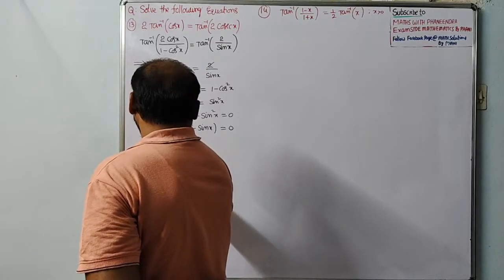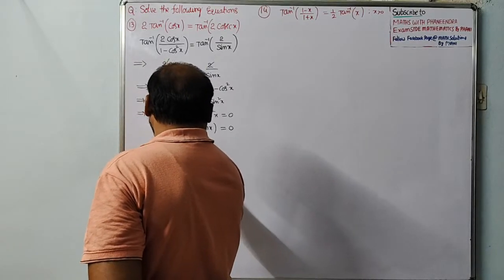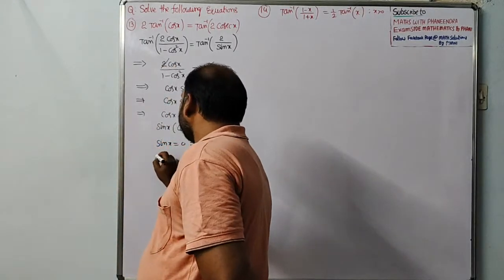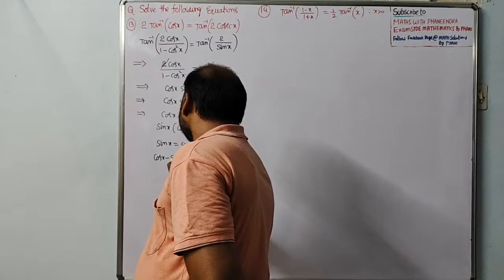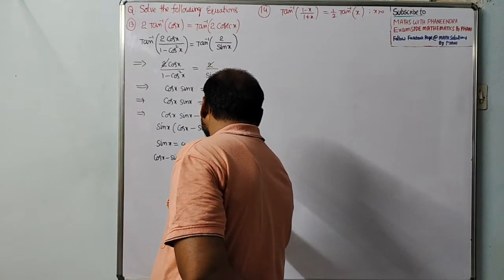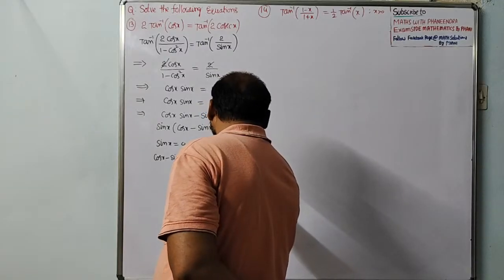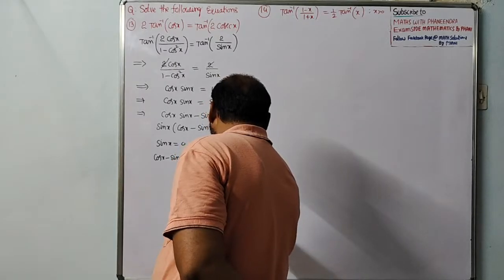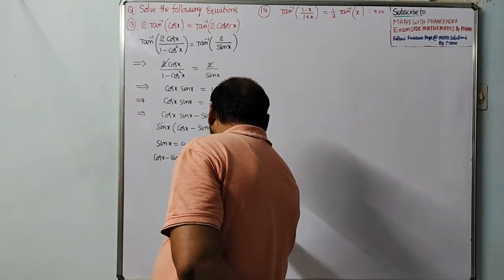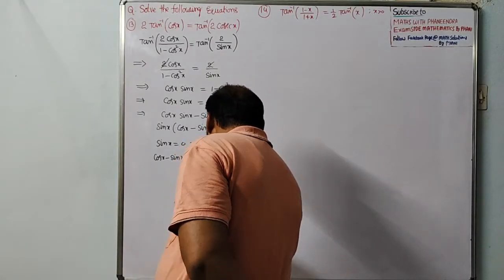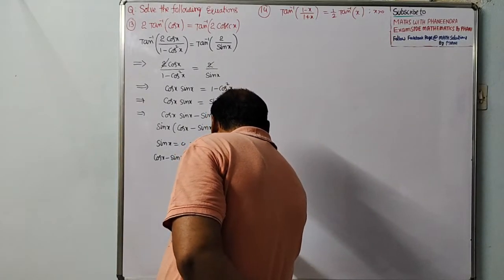So sin x equal to 0 implies that x is equal to 0. We will check these values to see which option is correct. Cos x minus sin x equal to 0 implies sin x is equal to cos x, which implies sin x by cos x is equal to 1, so tan x is equal to 1. Tan x is equal to 1 when x is equal to pi by 4.